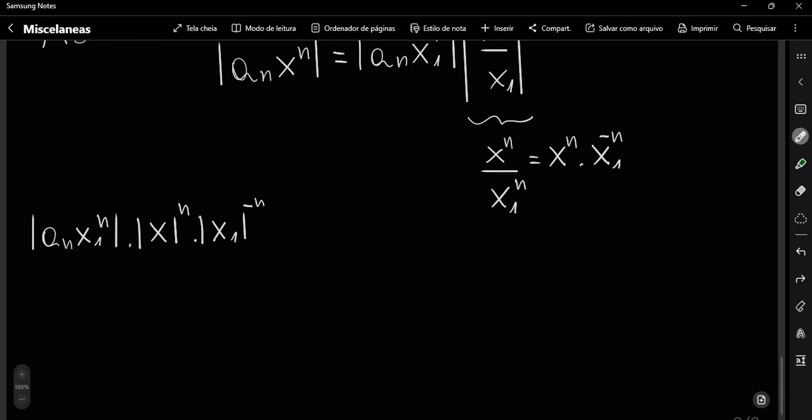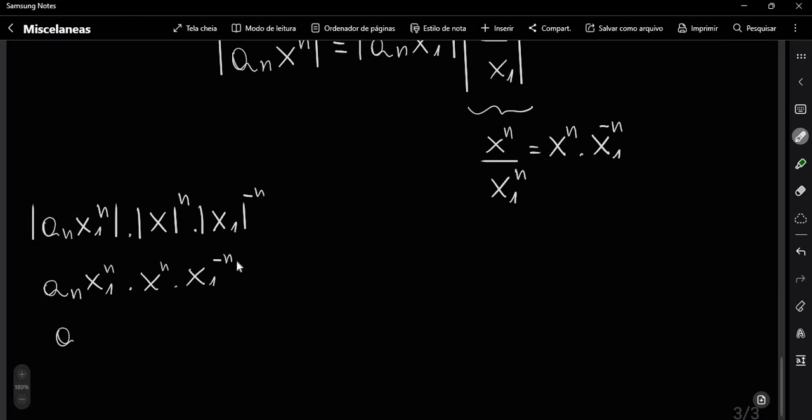And now we can rewrite this and recall the property of exponents. So this is the same as a_n x to the n.